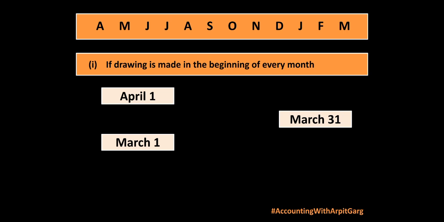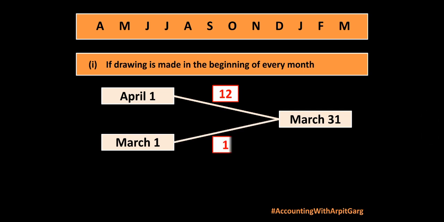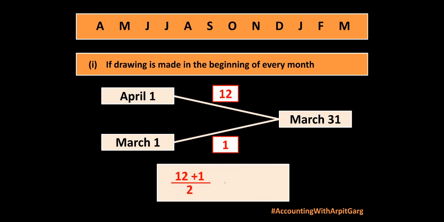Then calculate time from April 1st to 31st March, that is 12 months. Then March 1st to 31st March, that is 1 month. Then simple, 12 plus 1 divided by 2. We will get 13 upon 2 or 6.5.